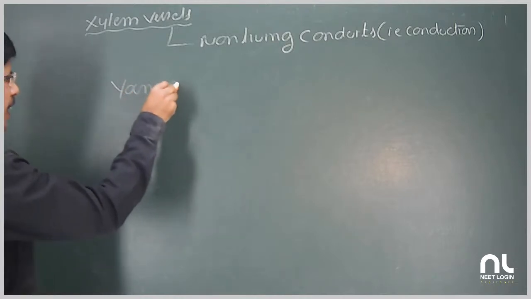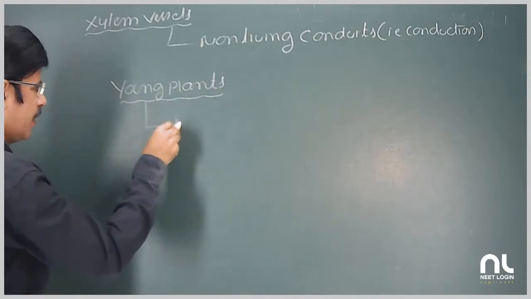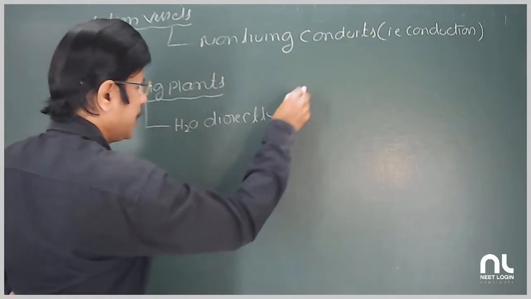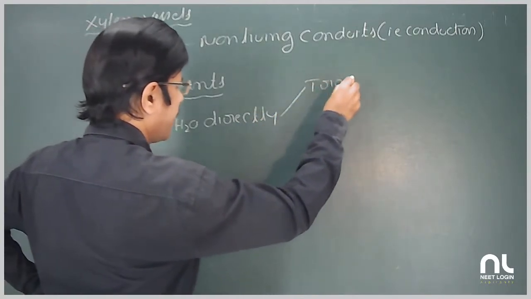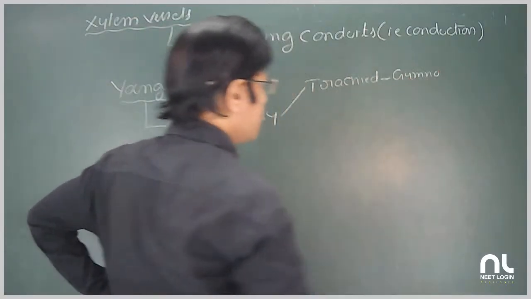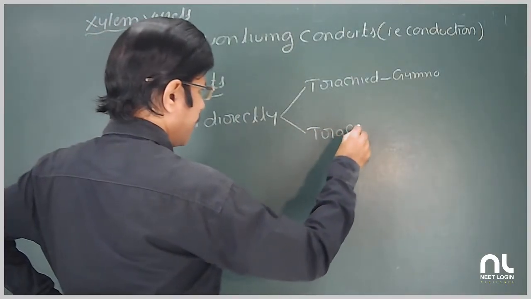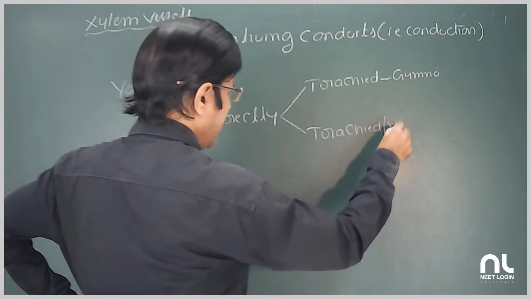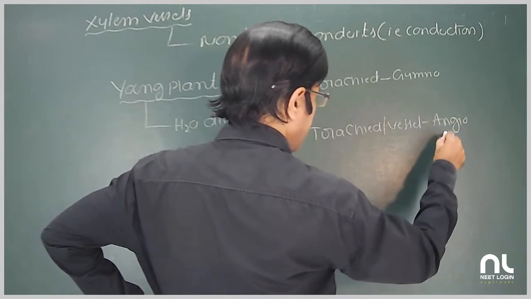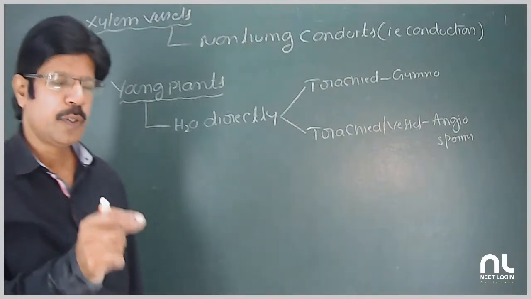In young plants, this is a very key point. In young plants, water directly enters trachea, in gymnosperms, trachea and vessel. In the NCERT book, you closely observe the point.